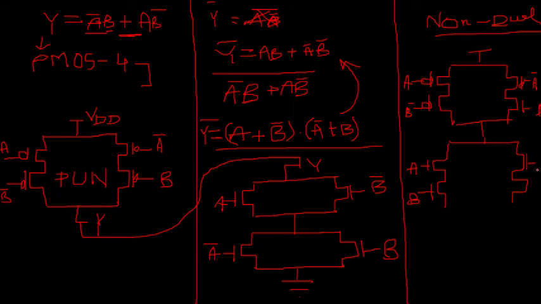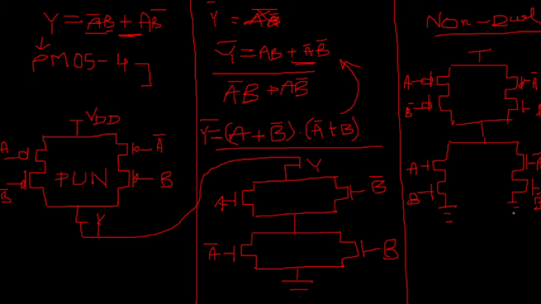For the pull-down network also you do not change the input, so you will write as it is, A bar and B bar, and both together are connected through the plus sign, that means they will be in parallel and they both are connected to ground.